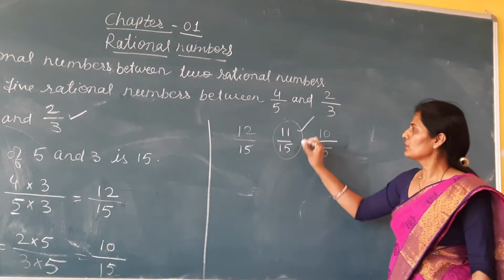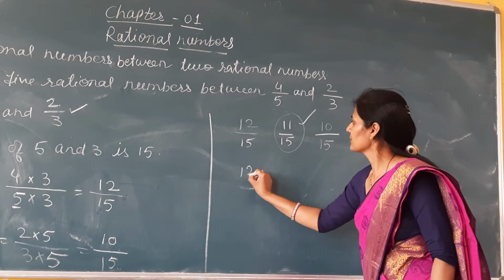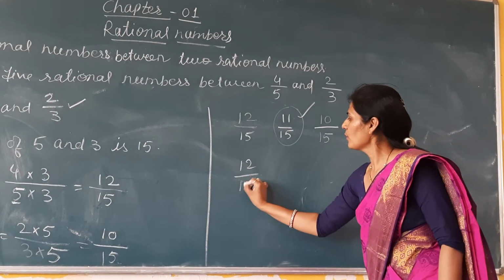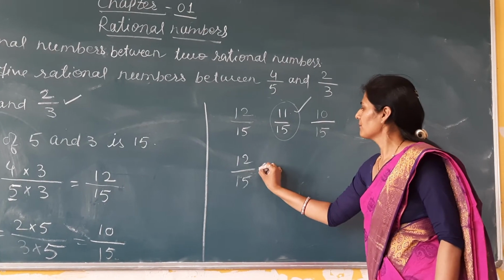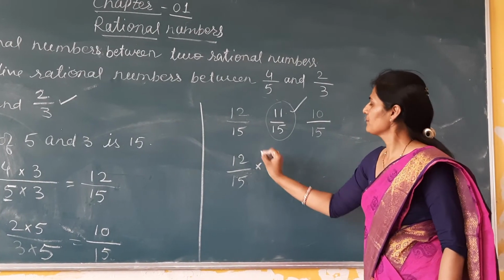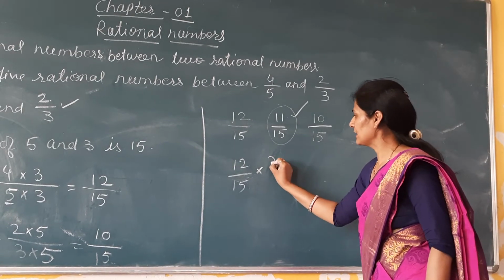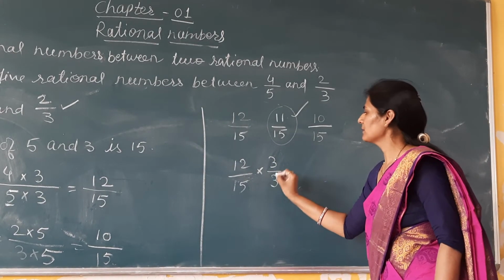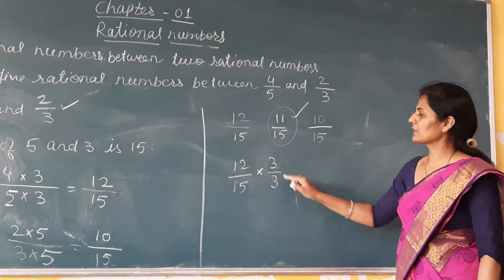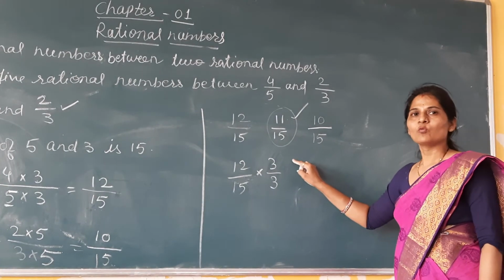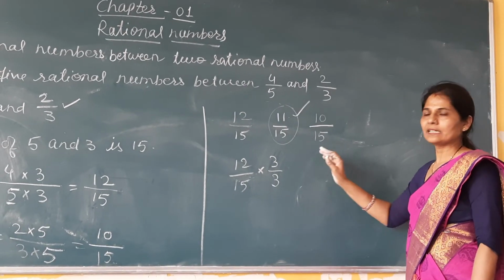सो यू विल मल्टीप्लाई दिस 12 अपॉन 15, multiply and divide by 6 or 3, any number you can multiply. पहले हम 3 से मल्टीप्लाई करके देखेंगे. You can multiply it by 1, 2, 3 up to any number.